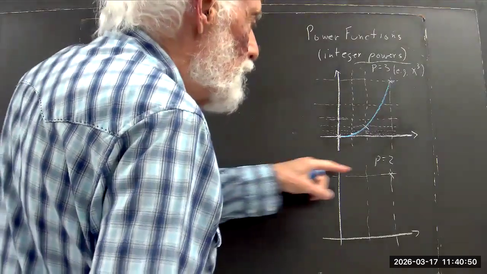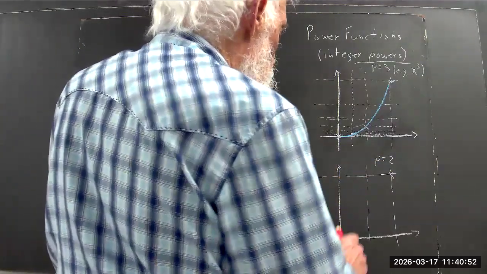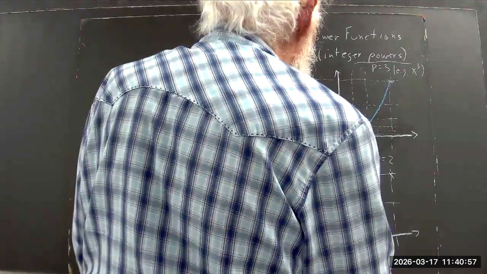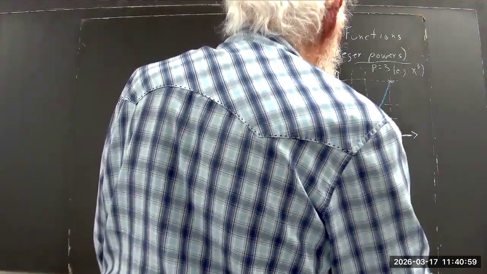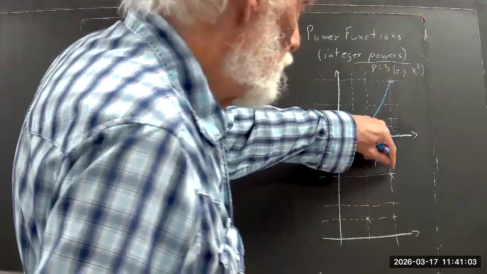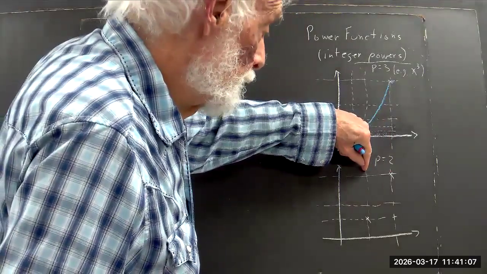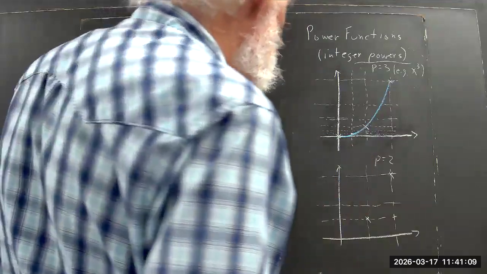And then from the top vertical line, I go halfway down to the x-axis. And I go halfway down again. And I put a point. Okay, meaning that I move over 1 unit horizontally and down 2.